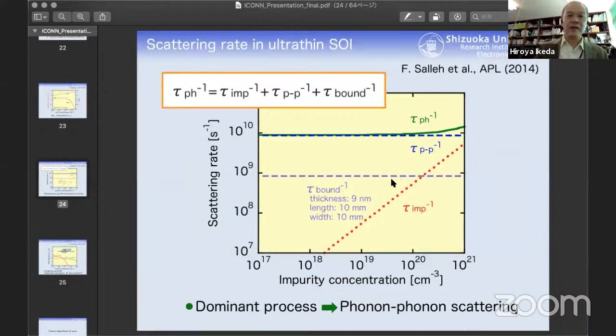In our calculation, the total phonon scattering rate is nearly constant, but around 10 to the 19th it is a little bit increased. This is due to the impurity scattering rate. Impurity scattering becomes significant.